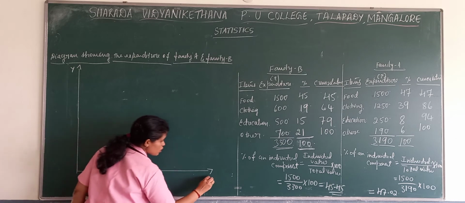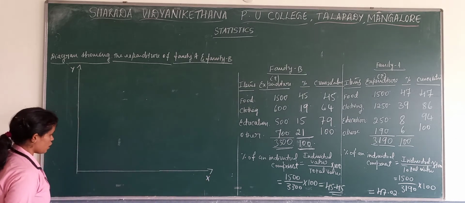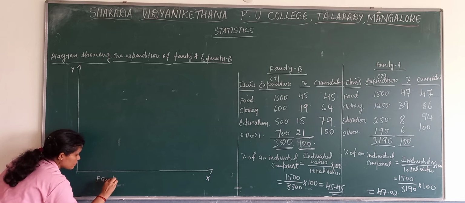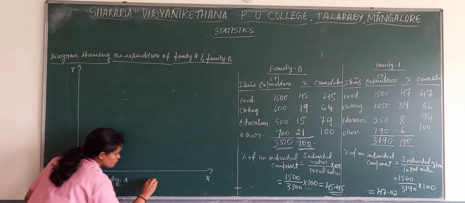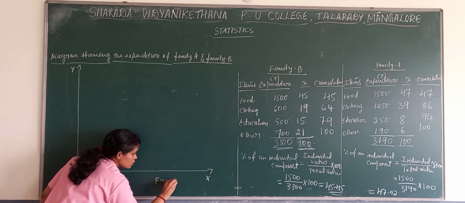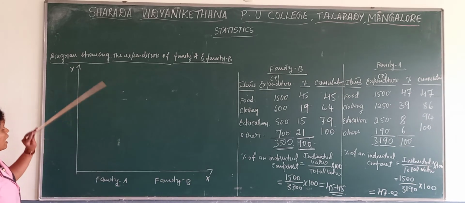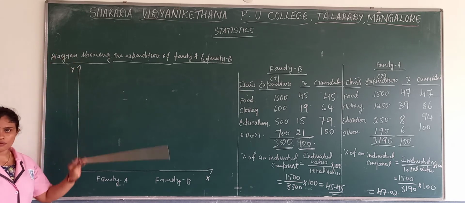This is y-axis. Now, family A here, and we are not considering any scale in the y-axis, and here it should be always 100.